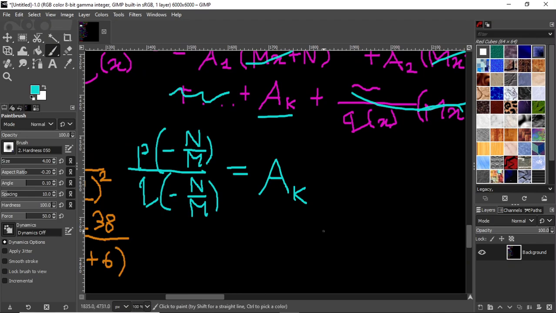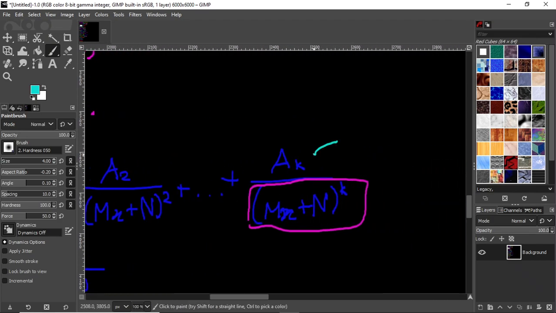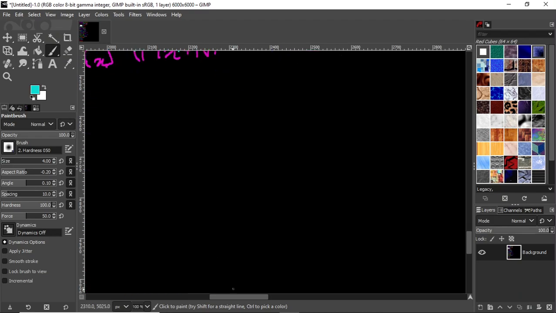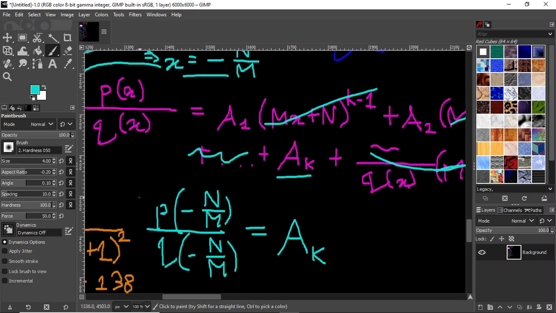Basically what this is saying is the constant a sub k, which is the numerator for the fraction with the highest power of mx plus n, is just going to be this.